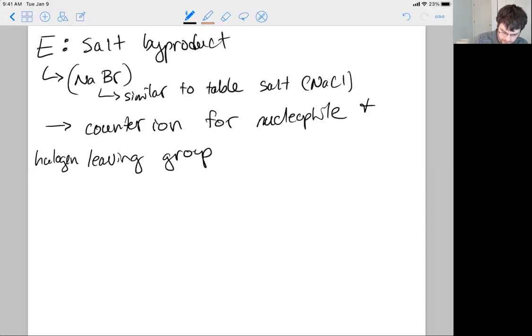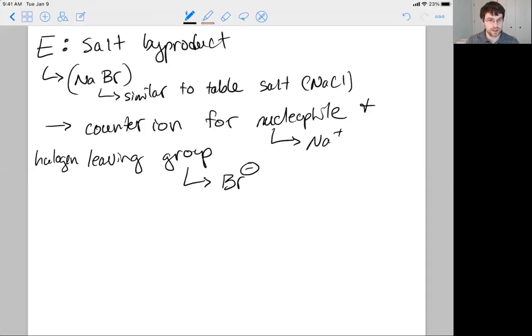So the counterion for the nucleophile was Na+, and the leaving group was Br-. So when bromine left, it left as Br-, and the counterion, Na+, we'll get to in another lecture.